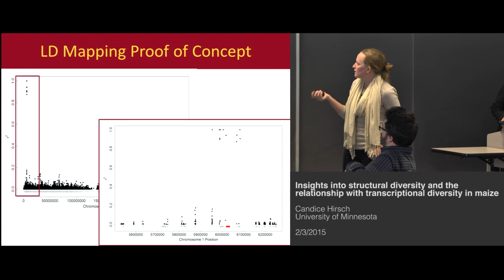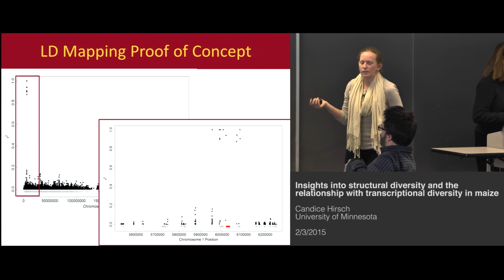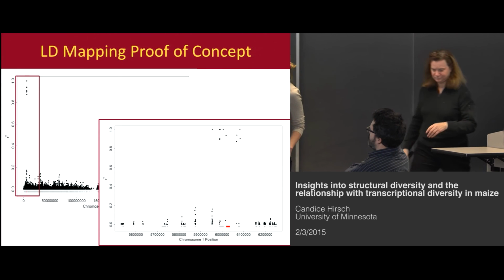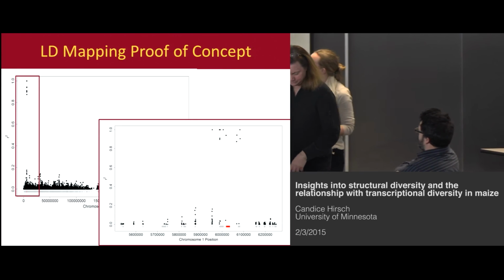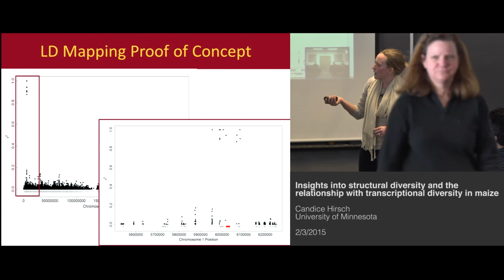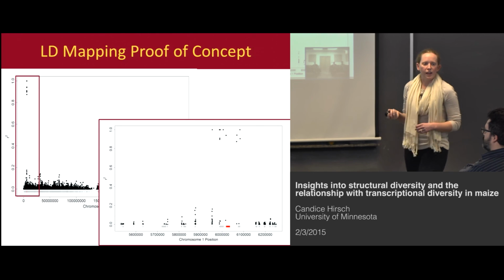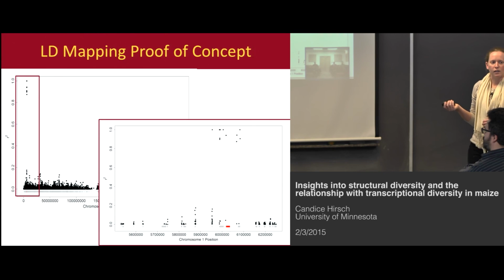If we zoom in on this region that appears to be highly significant, this red gene is the actual gene we were trying to place. All these gray squares are other genes in the region. So you can see using this approach, we have very high accuracy in placing a contig into the context of the reference assembly, within a few genes of where it's actually at.